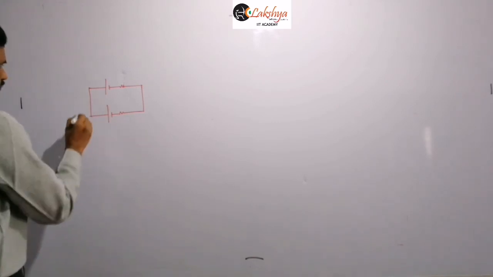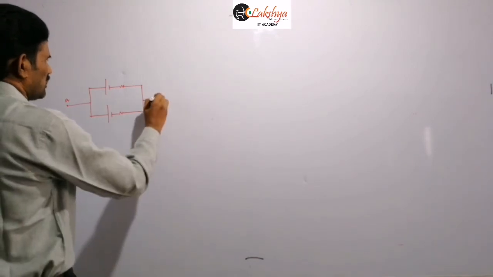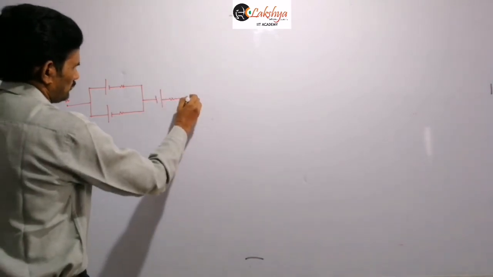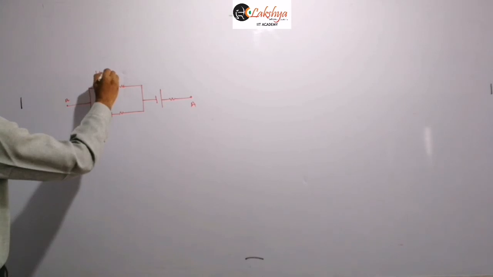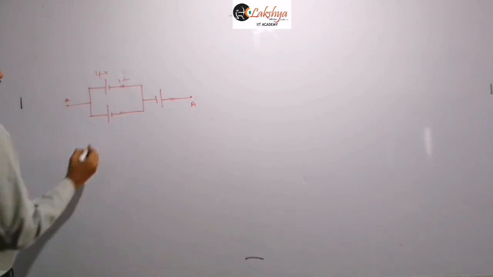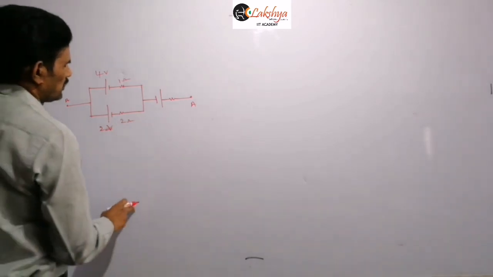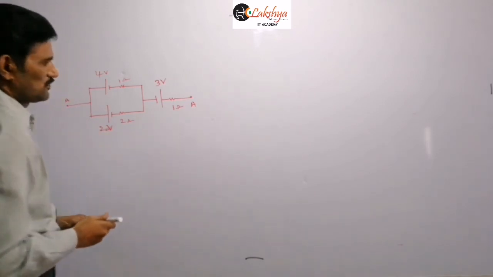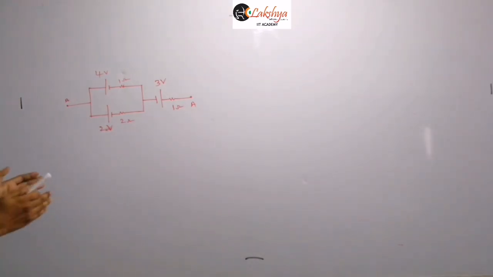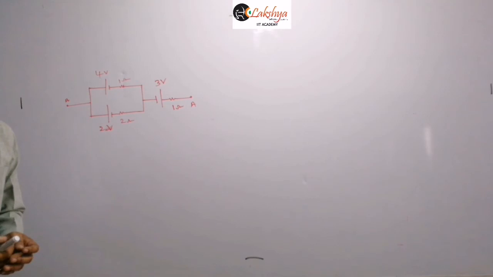These are the two cells, and here I am taking one more cell like this. These are the points A and B. The values are 4 volts, 1 ohm, and this is 2 volts, 2 ohms, and this is 3 volts, 1 ohm, right? We need to find the effective EMF between the points A and B.